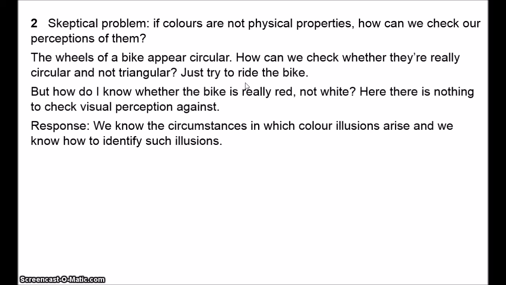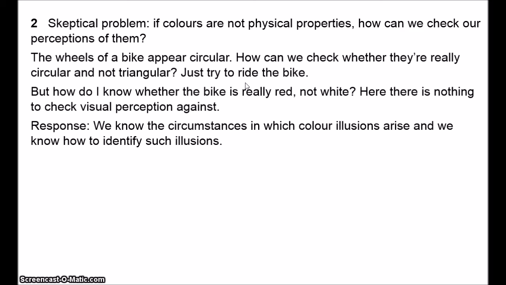And so we can also easily identify afterimages. If after looking at a red circle you see a greenish circle that follows the movements of your eyes, that's a pretty good sign that it's an illusion. The greenish circle doesn't exist out there in the world, it's just a product of your perceptual system. And of course there are other methods.